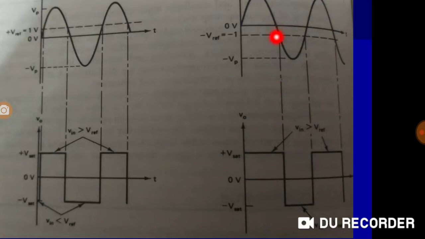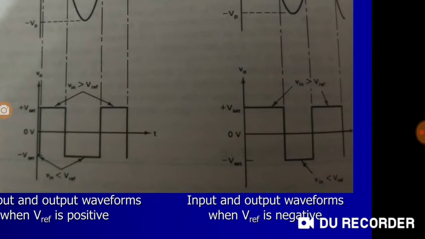As soon as the input falls below the dashed reference level, it immediately switches from plus Vsat to minus Vsat. And similarly, when the input rises above V reference again, it switches to plus Vsat, and so on.